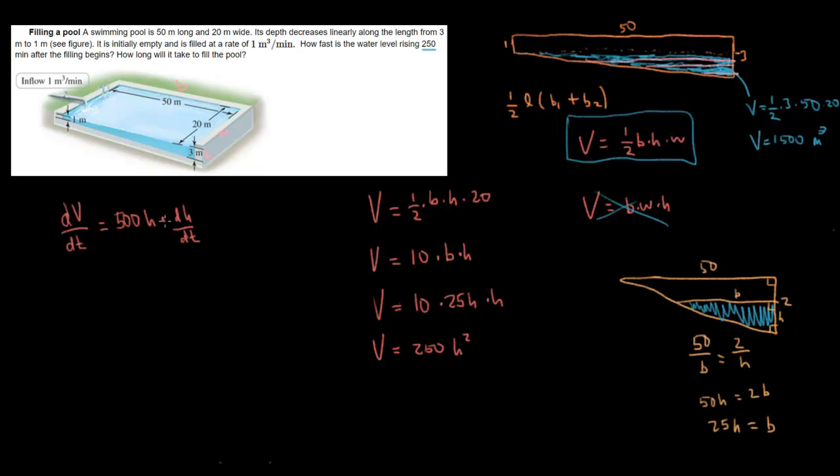And so what are we solving for? We're solving for how fast the water level is rising, so dH/dt. dV/dt we know. dV/dt is how fast the volume is changing. We're told that from the text. dV/dt is 1 meter cubed per minute.